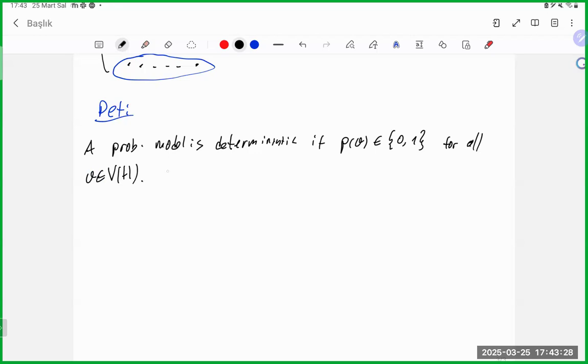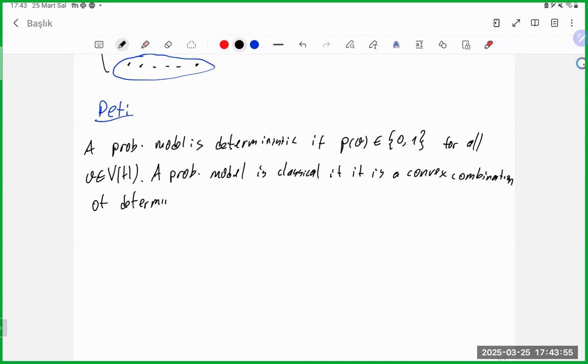Then we can define a classical probabilistic scenario. A probabilistic model is classical if it is a convex combination of deterministic ones.